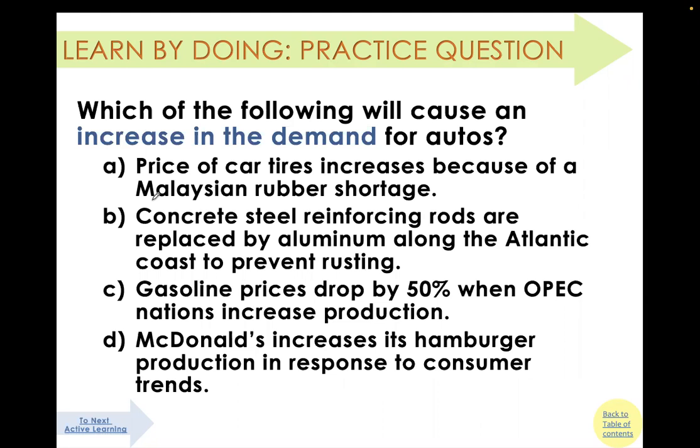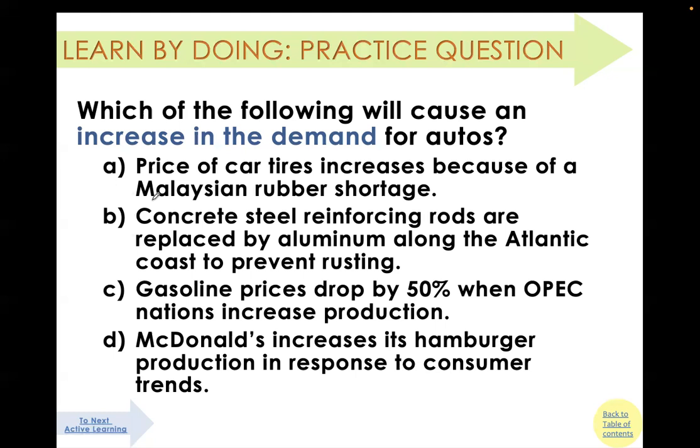Which of the following will cause an increase in the demand for cars? Let's go one by one. First, if the price of car tires increases because of a Malaysian rubber shortage, how would that affect demand for cars? Decrease. It will decrease, right?